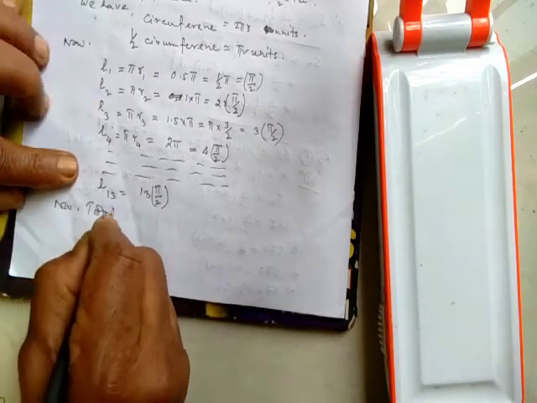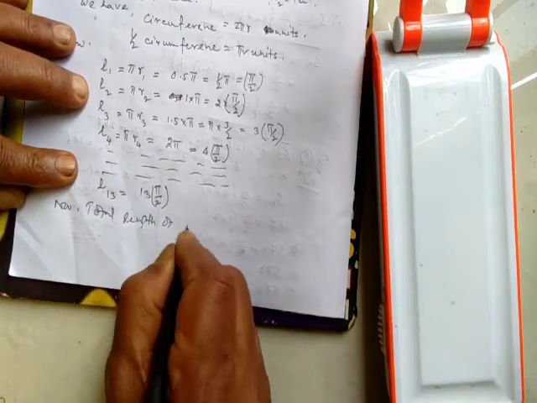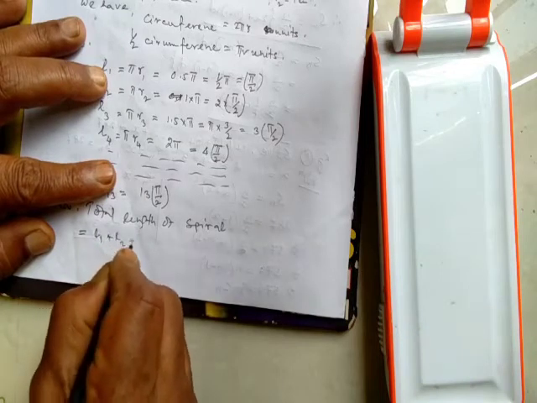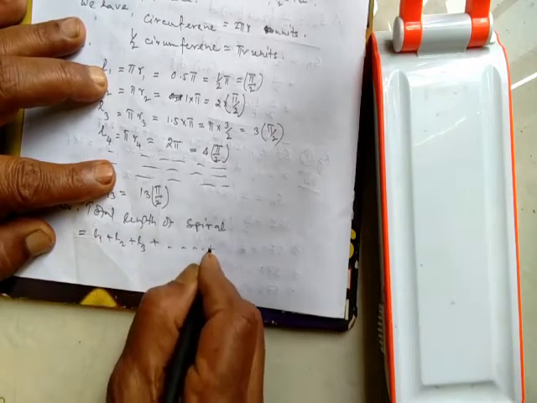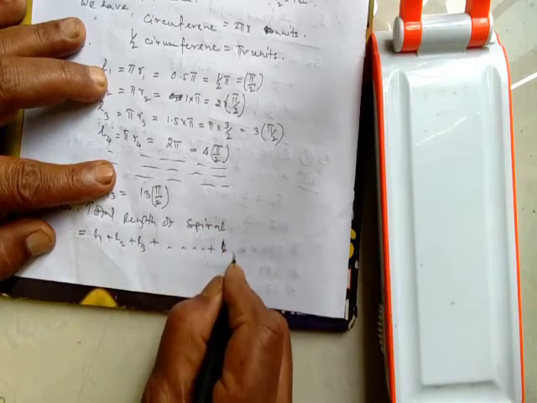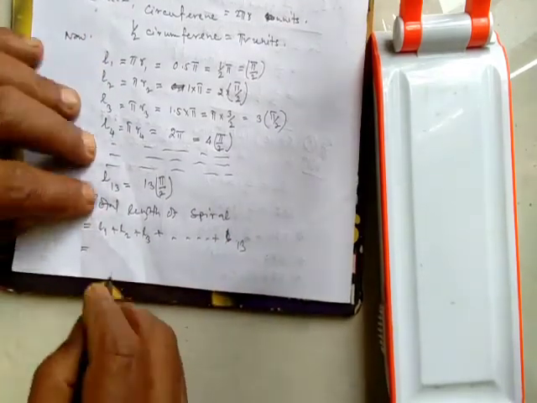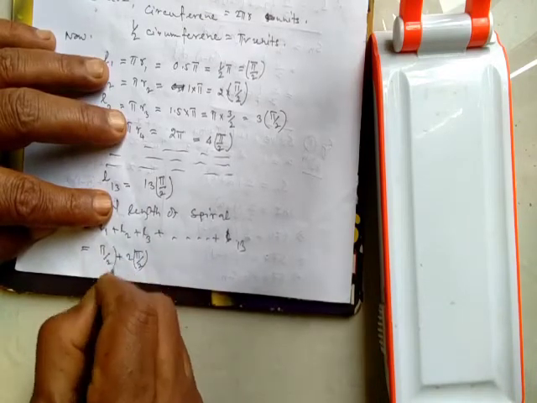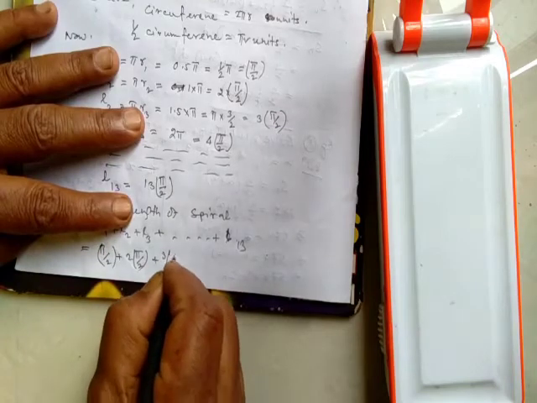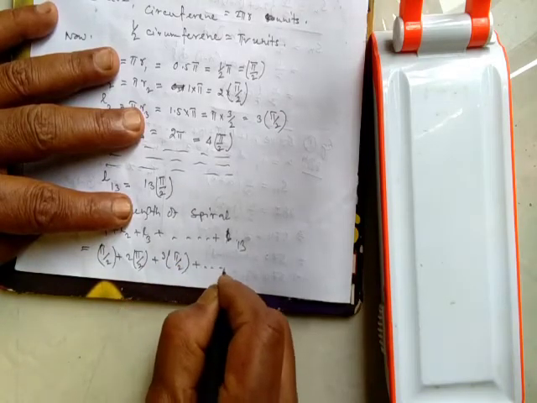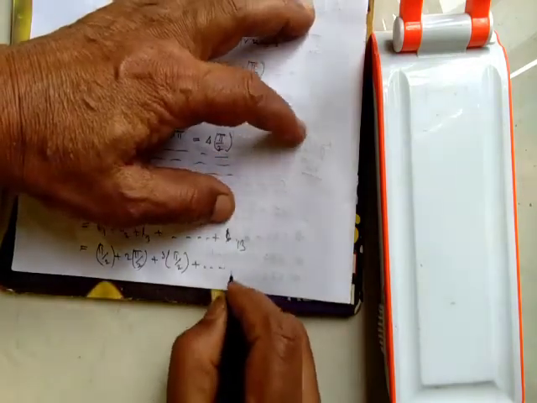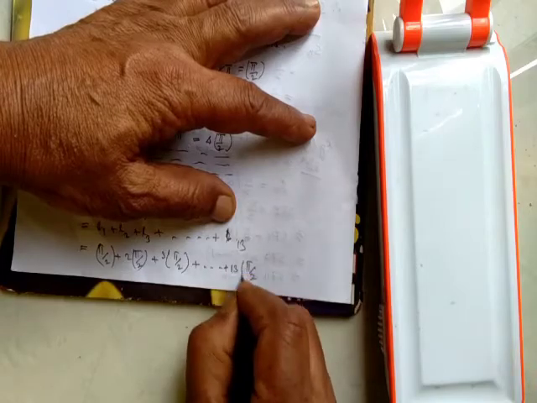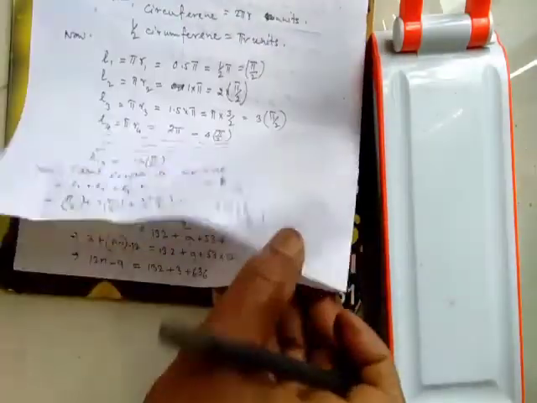Now the total length of the spiral is equal to L1 plus L2 plus L3 plus and so on up to L13. This is equal to pi by 2 plus 2 pi by 2 plus 3 pi by 2 plus and so on up to 13 pi by 2.